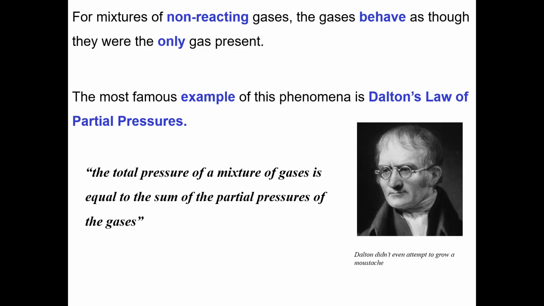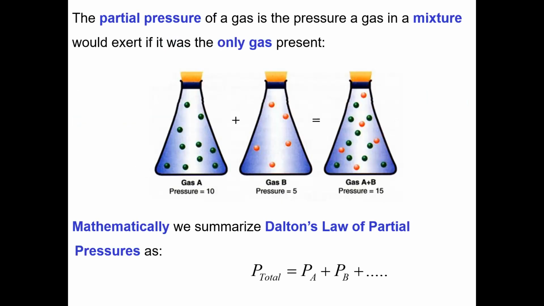So what does that all mean? Well, the partial pressure of a gas is the pressure a gas in a mixture has if you were to imagine it was the only gas present. So imagine that we have 3 equal sized containers.